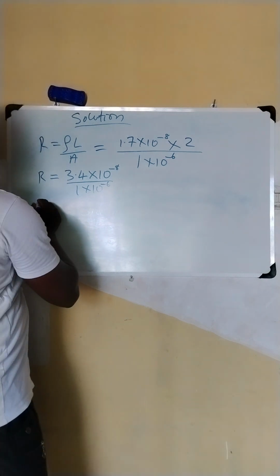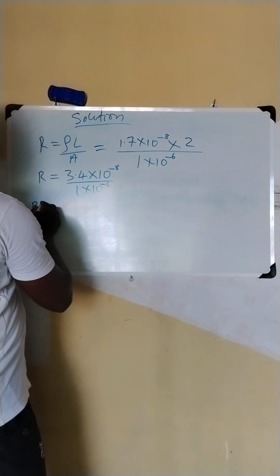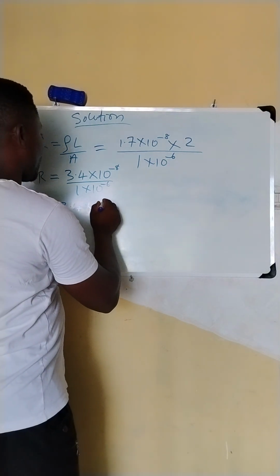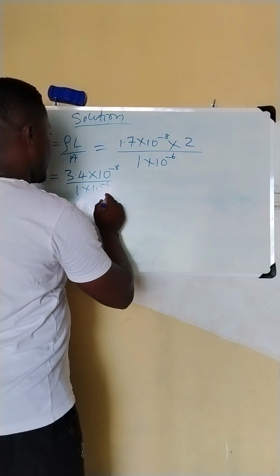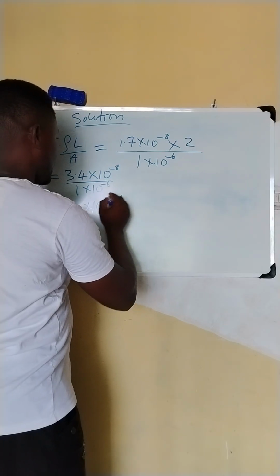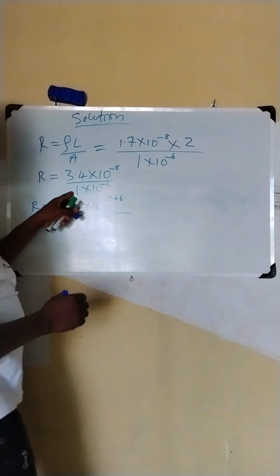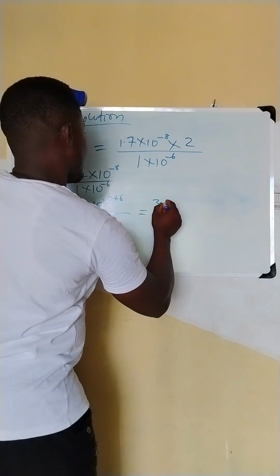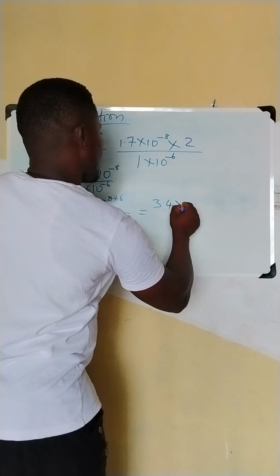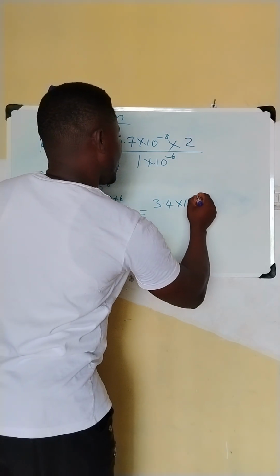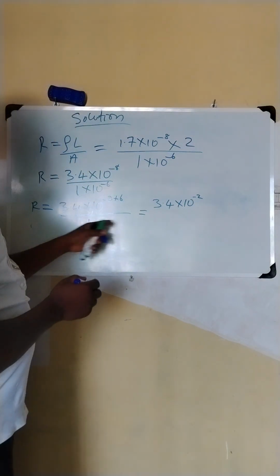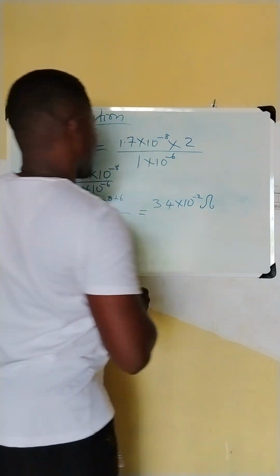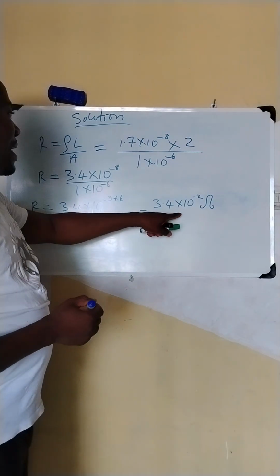So here you have that R is equal to 3.4 multiplied by 10 raised to the power of negative 8 plus 6, all over 1, and that is equal to 3.4 times 10 raised to the power of negative 2. Now when you divide this by 1, you have this. And what is the unit of resistance? It is in ohms. So this is the answer.